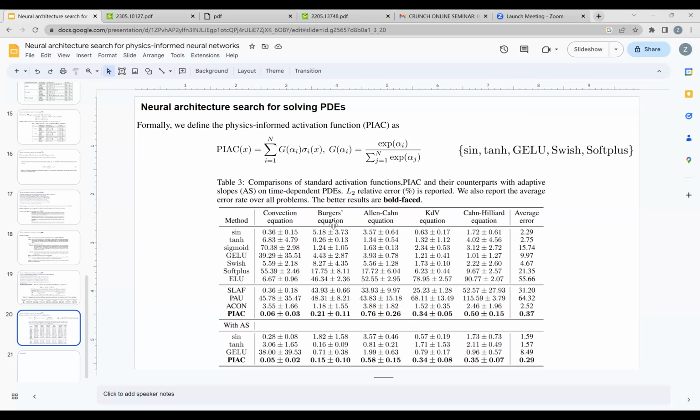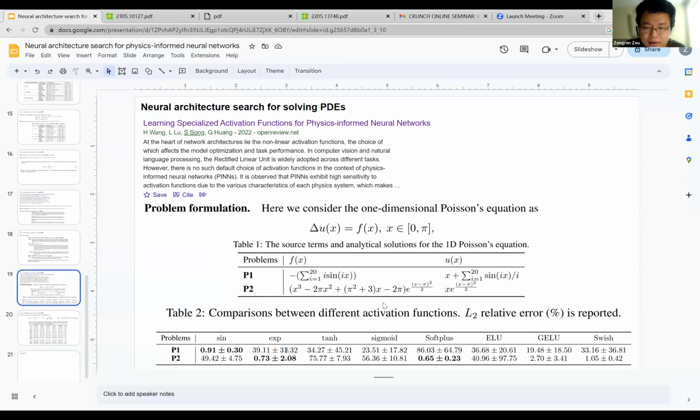Yes, that could be really cool. And the way they show it here, the activation function of the neural network has some physics meaning. Because the solution for problem one has a lot of sine waves, it's intuitively reasonable to choose sine as the activation function, right?